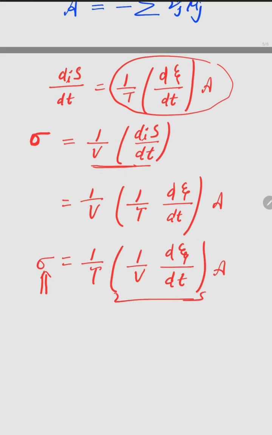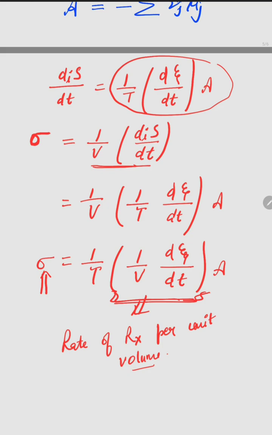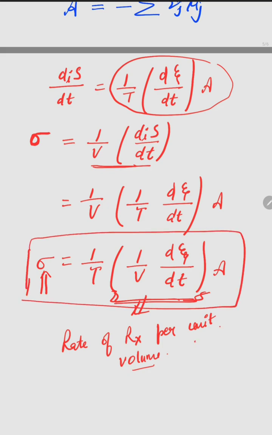And this bracket, (1/V) d chi/dt, gives us the rate of the reaction per unit volume. This is the last conclusion on the entropy production in a chemical reaction.